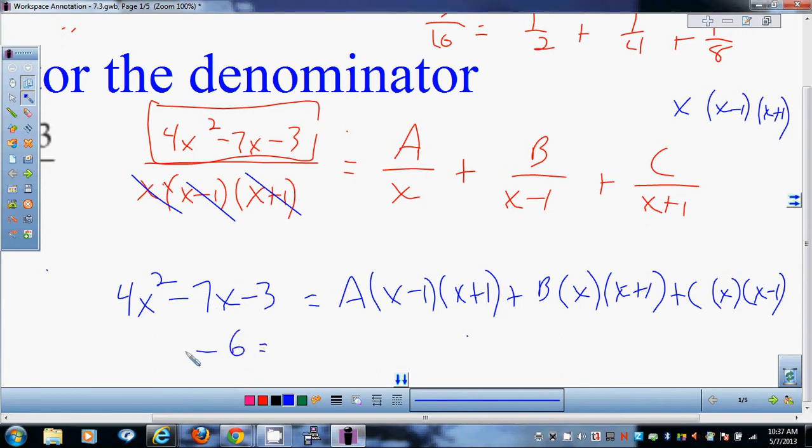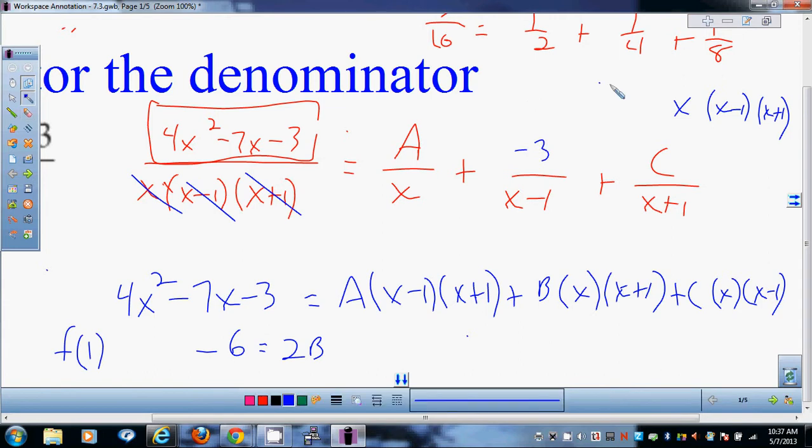I guess I'll write this off to the side. This is f of 1. Let's see, that becomes 0, poof. That becomes 1, and this becomes 2, right? So 1 times 2 times b. And this poof goes away as well. So b is negative 3. So I come back up here, and b is negative 3.